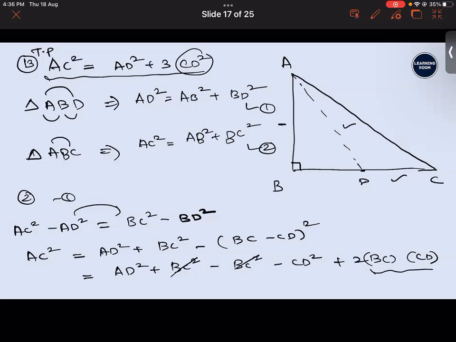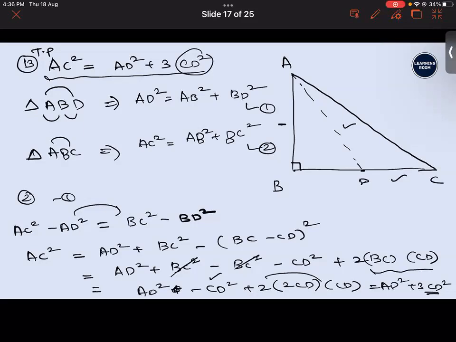So this will be equal to AD square minus CD square plus 2 into 2 times CD into CD. So this is giving you 4 times CD square minus 1 times CD square is plus 3 times CD square. Clear? So this will give you AD square plus 3 times CD square.